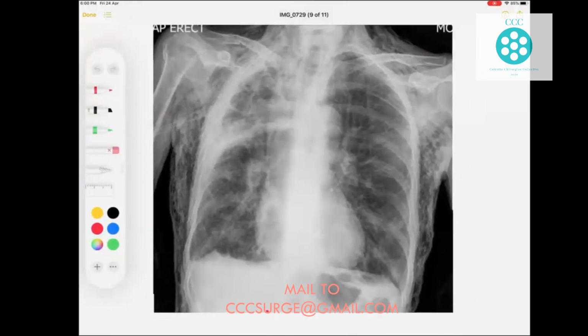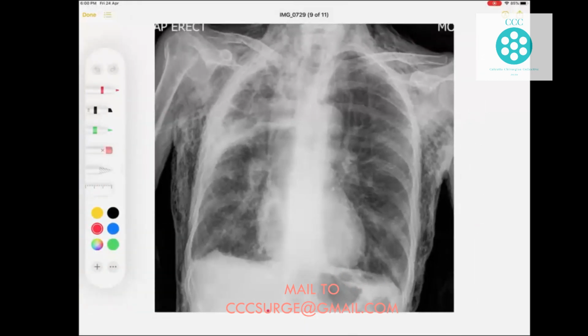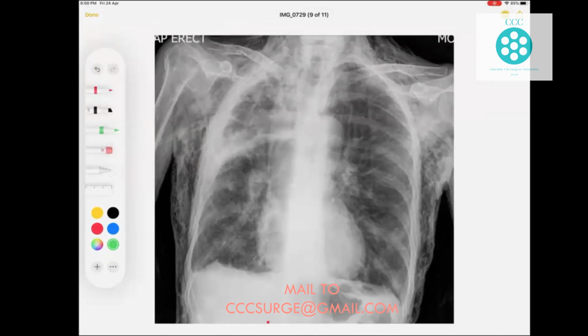But the main intention of showing you this X-ray is, now see the extra part. Can you note that in these areas, the normal subcutaneous tissue should have been gray in color.